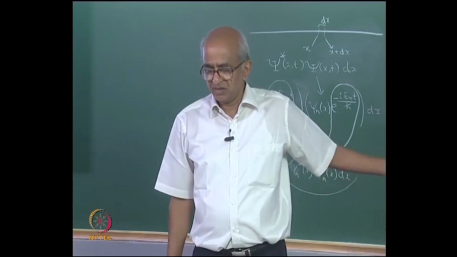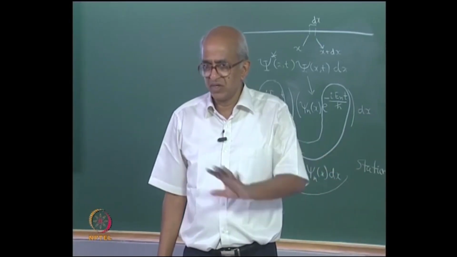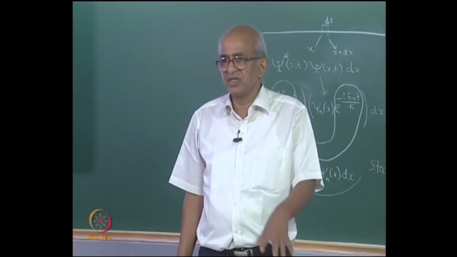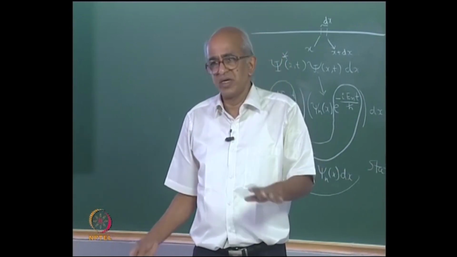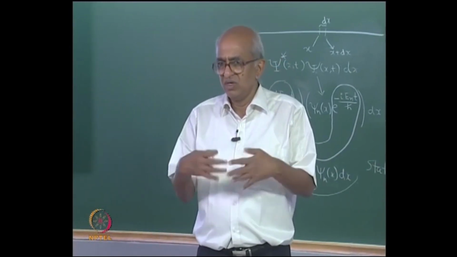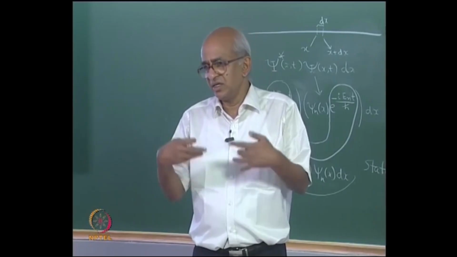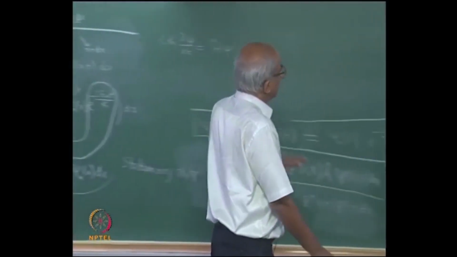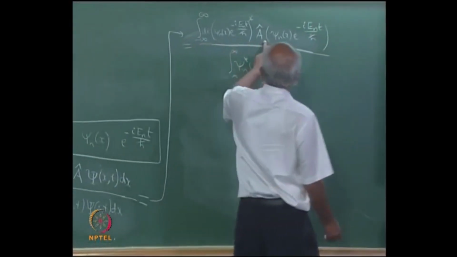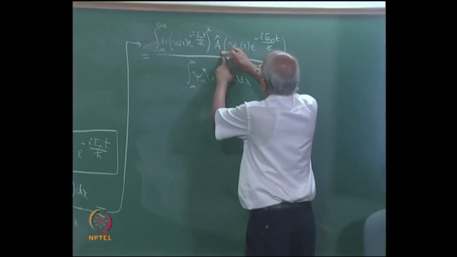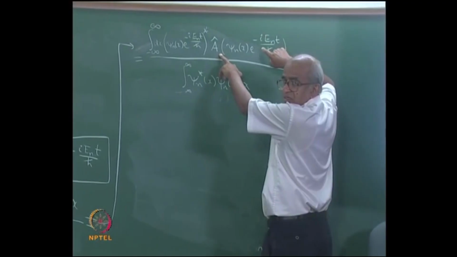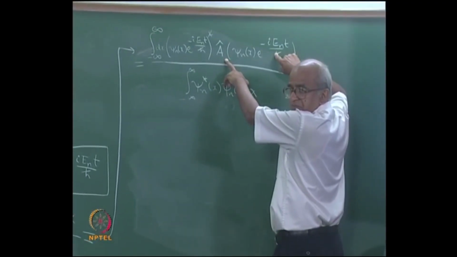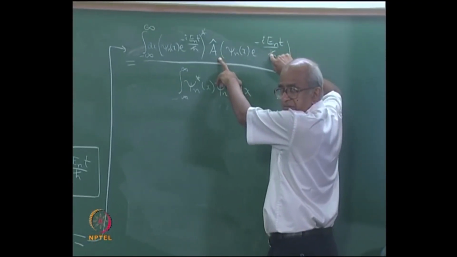I have assumed that for this problem, the Hamiltonian is independent of time. So, the Hamiltonian does not depend on time. The momentum operator is a simple operator, there is no time dependence. The position operator is again independent of time. So, if you are thinking of a situation where this A does not depend upon time, definitely this A will not affect this term, it will not affect that term.